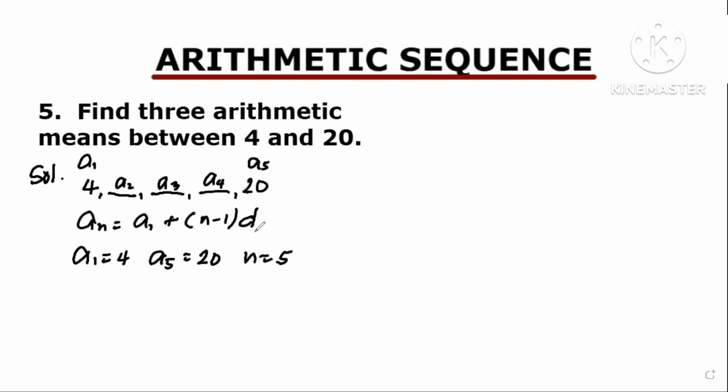So we can now solve for d, no? Given these 3 values. So since n is equal to 5, then a sub n can be replaced by a sub 5 equals a sub 1 is 4 plus 5 minus 1 times d.